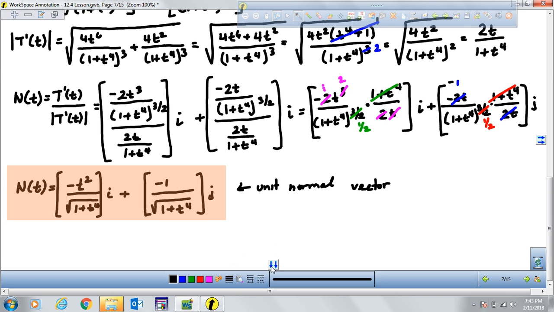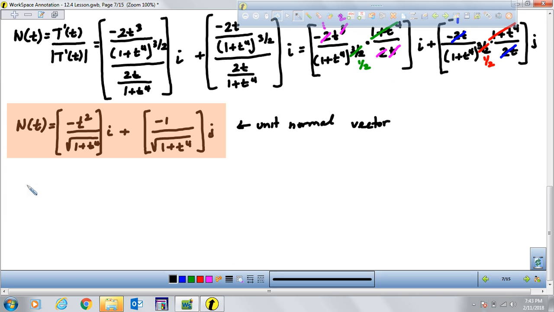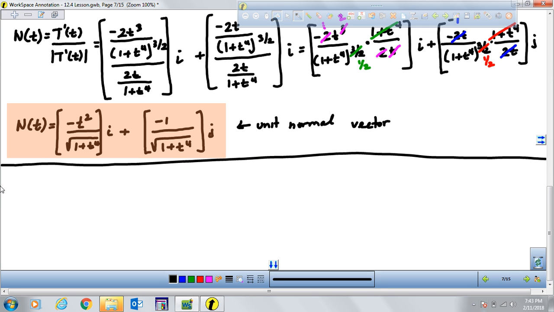Next, to find the curvature at any point on the curve, that's the last question we need to find. To find the curvature, we need to divide the magnitude of the derivative of the unit tangent vector by the magnitude of the derivative of the position vector.